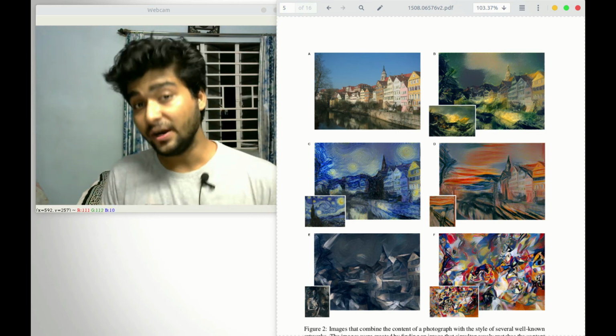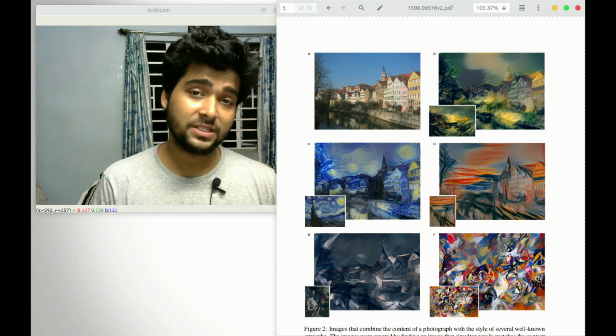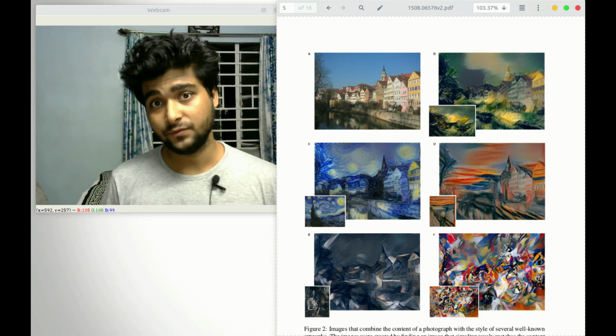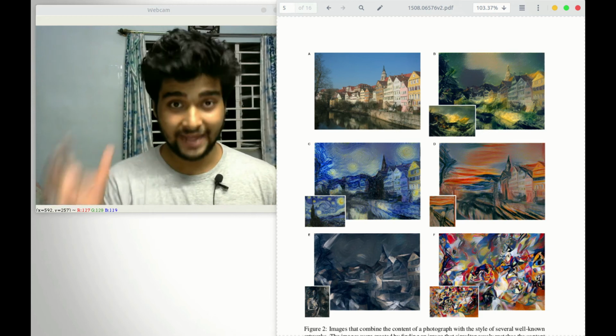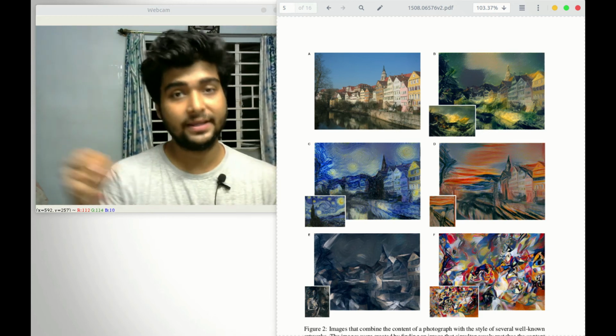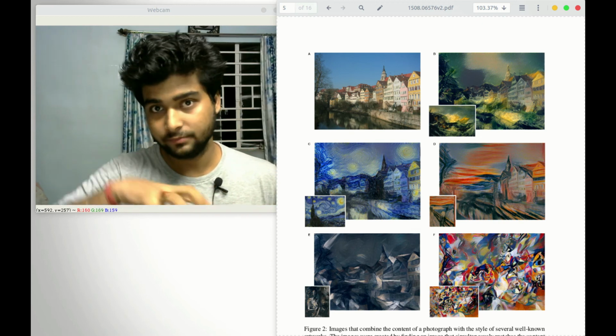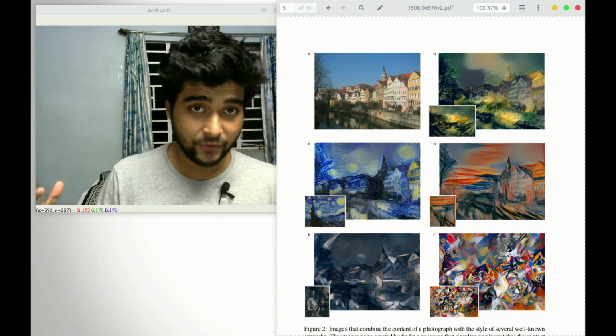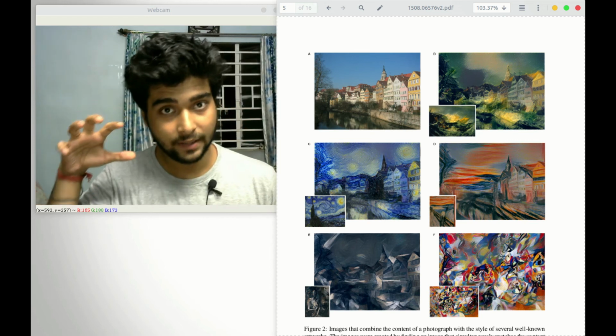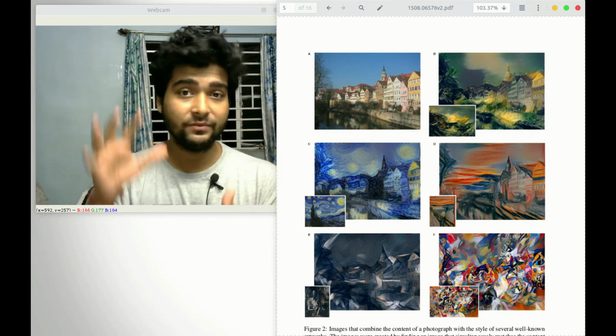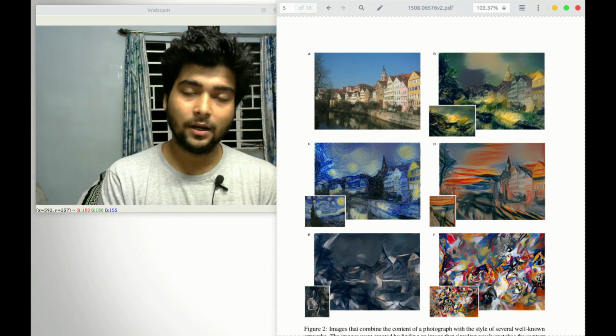But one of the advantages of this algorithm is that it can perform arbitrary style transfer. Given any style and any image, it can combine both of them, taking the arbitrary style and changing the content image to have that style.